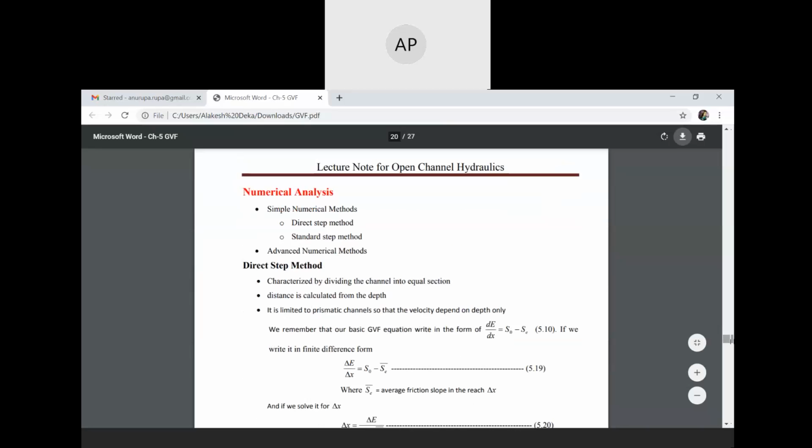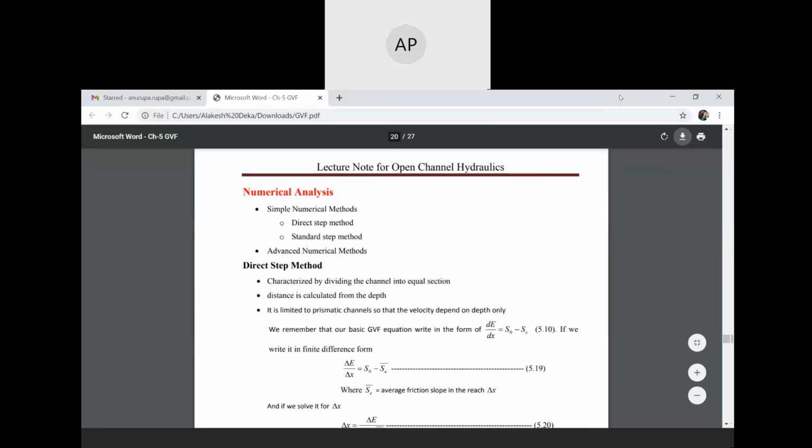Numerical analysis: simple numerical method, direct step method, standard step method, advanced numerical method. I will discuss the different methods in the next class.